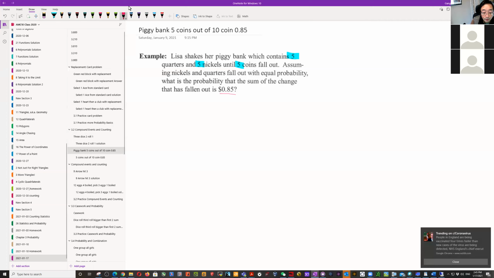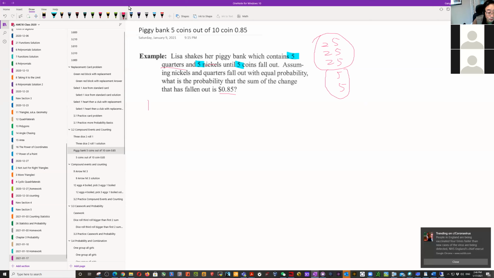Quarter is 25, 25, 25, and 5 and 5. So that's the way you make 85 cents. And to make this happen, let's try to do it in several different ways.